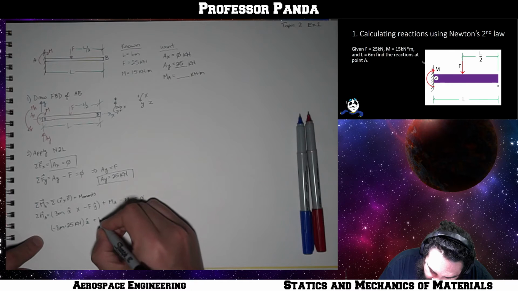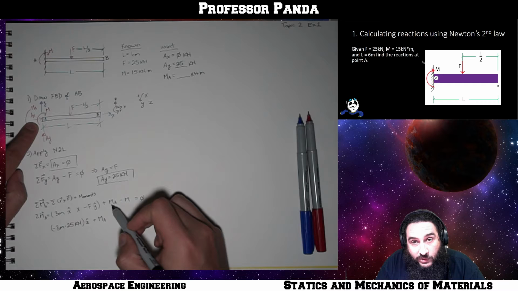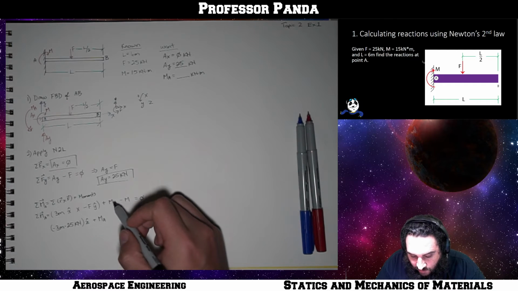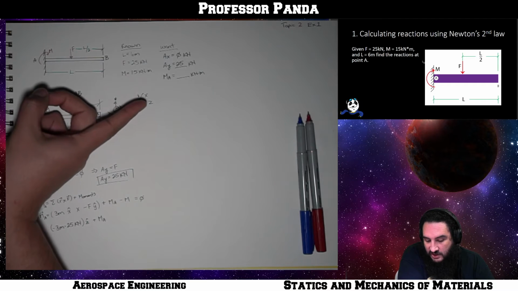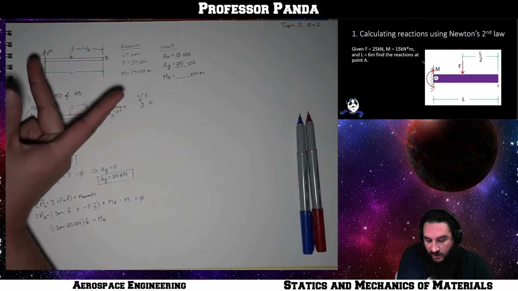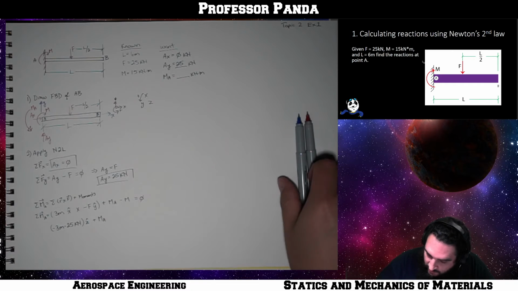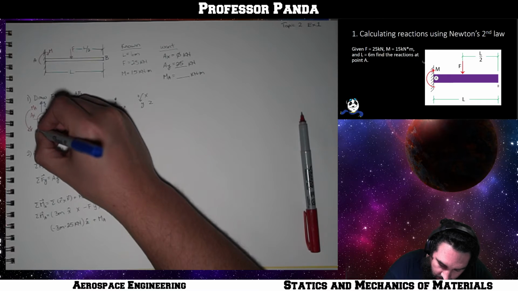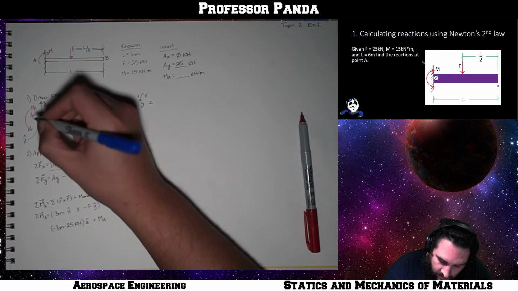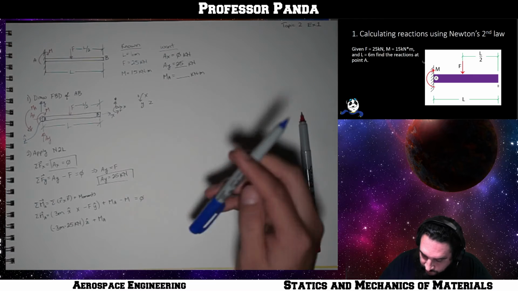Okay, and then we'll add MA, and MA acts around the Z axis. I know you can't see it, but if my index finger is the X and my middle finger is Y, Z comes out of the page right here. That's the out of the page there.